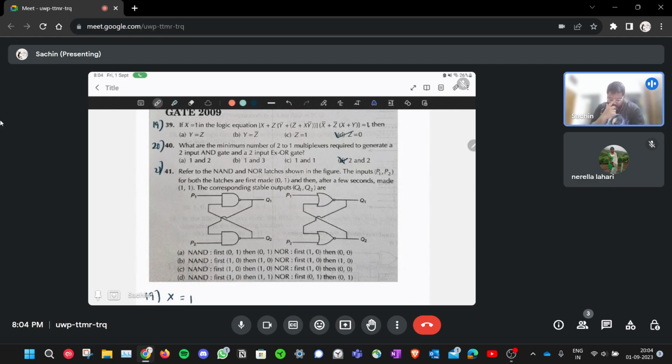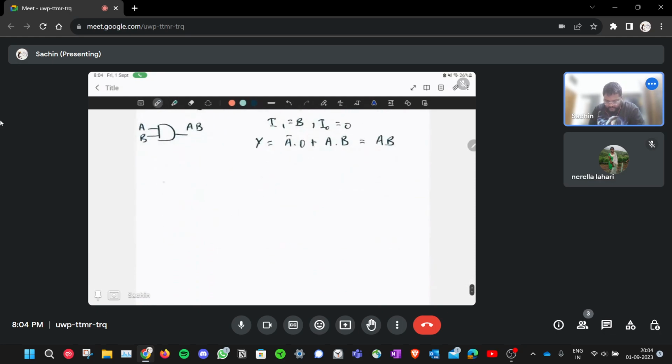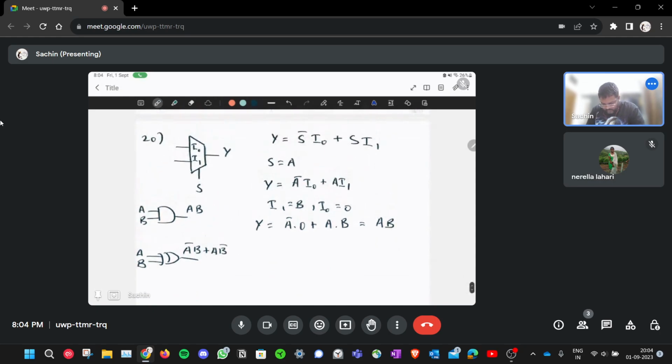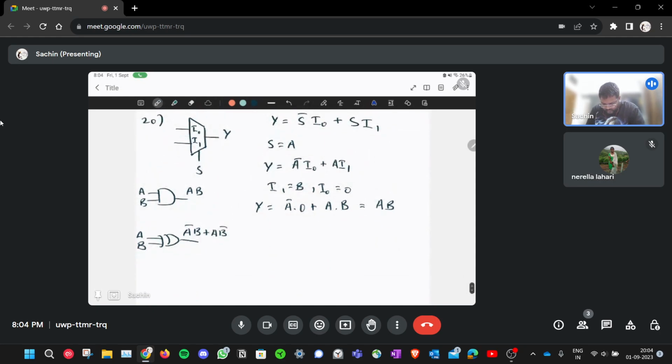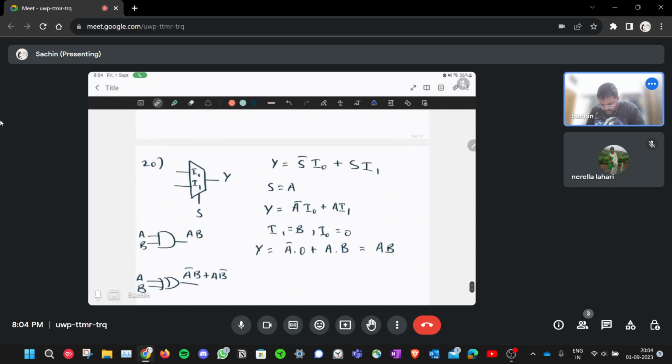And I need a 2 input XOR gate. For a 2 input XOR gate, if your inputs are A and B, you want your output to be A bar B plus A B bar. So let's see. How would you do that?